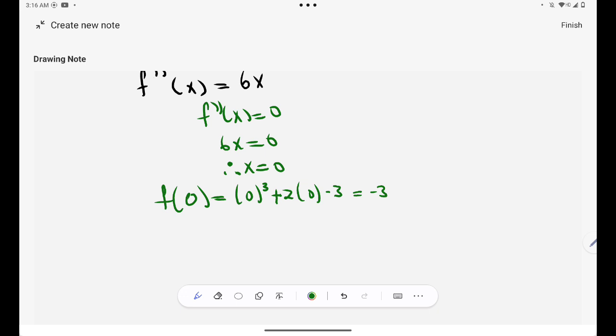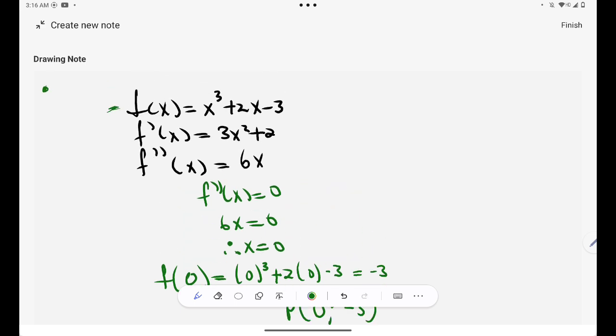So now I know that my point is (0, negative 3). And then now I must find the gradient.